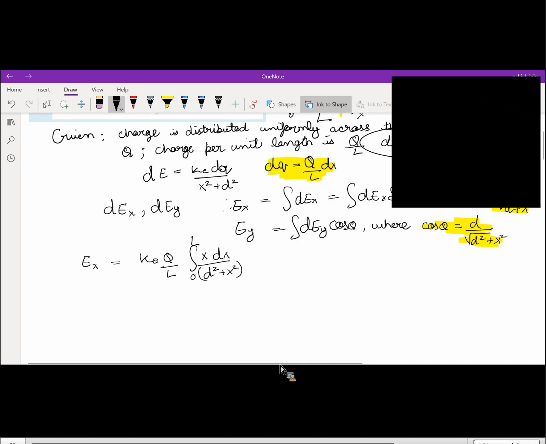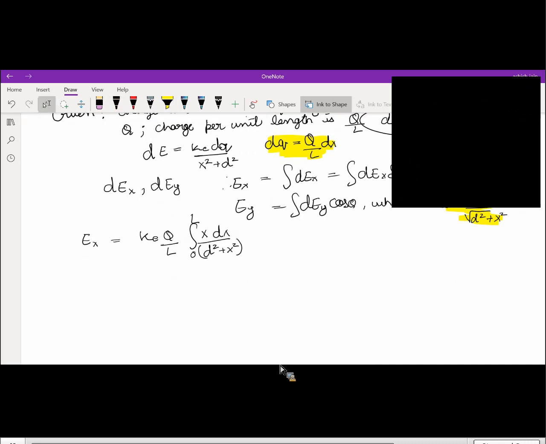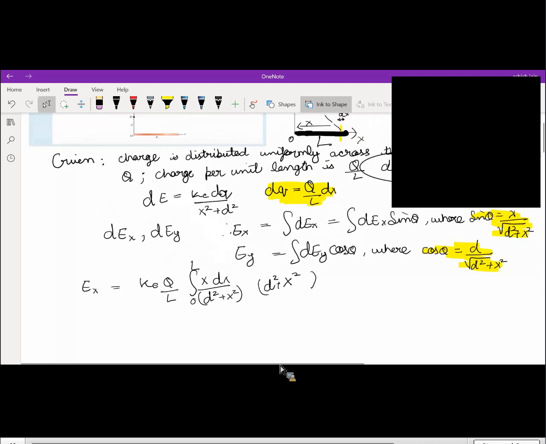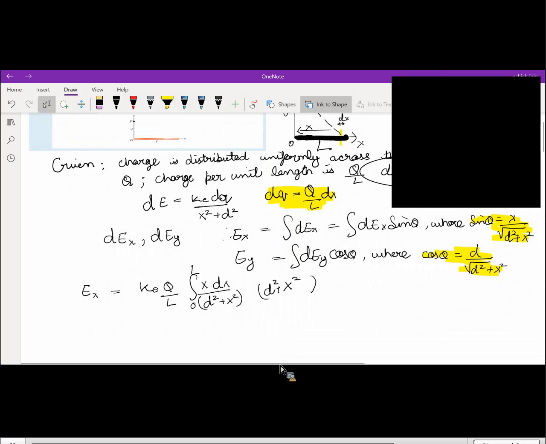Now, how do you solve it? It's called integration by substitution. Sorry, I missed this.